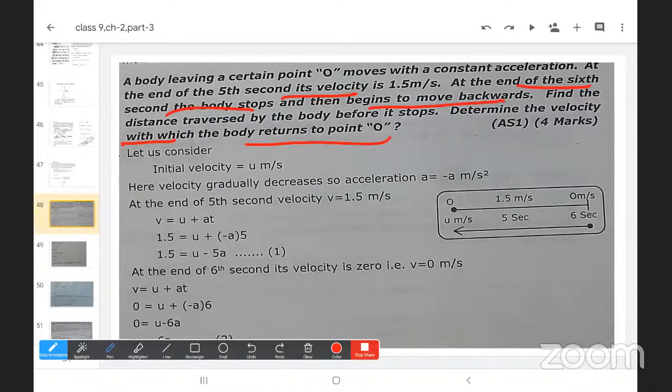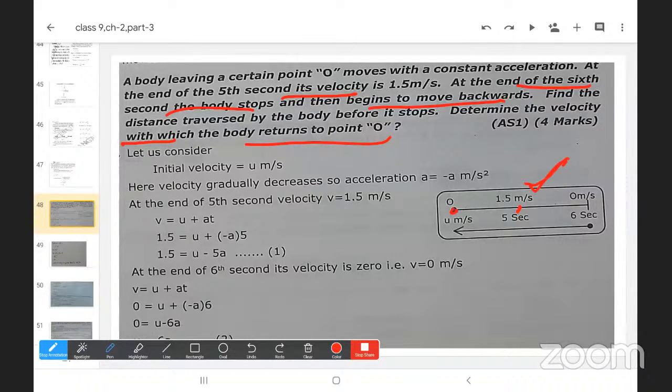So you can observe the figure carefully here. A body leaving at point O with initial velocity U meter per second. Here the acceleration is constant. At the end of 5th second, the given velocity is 1.5 meter per second.